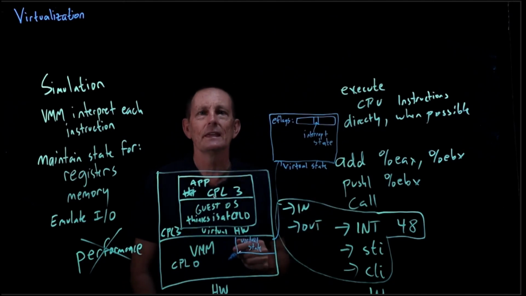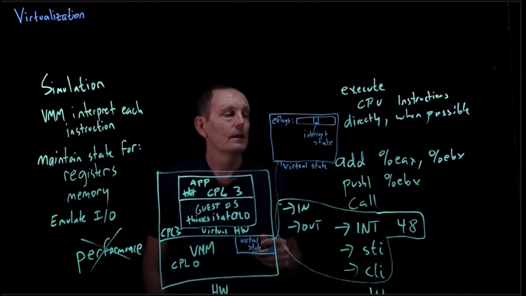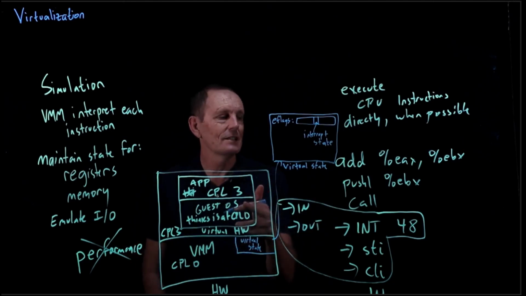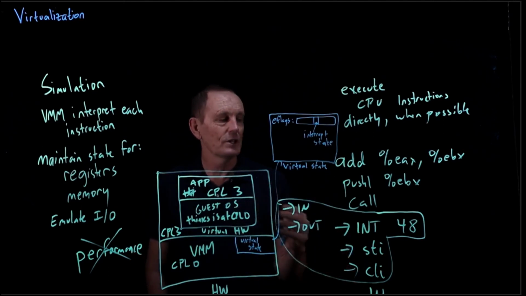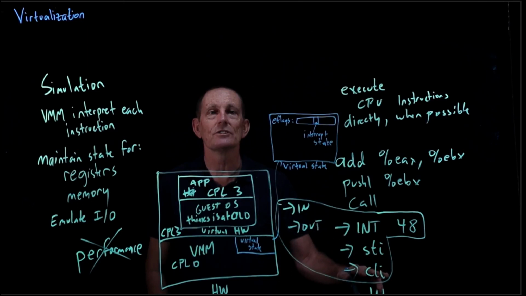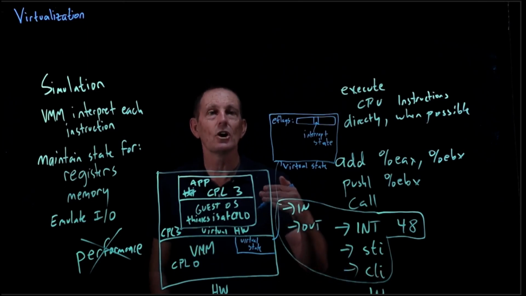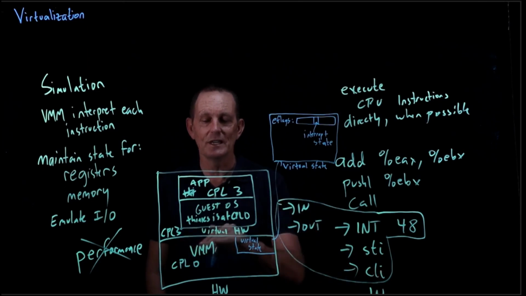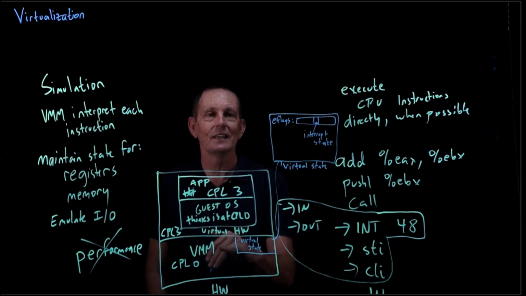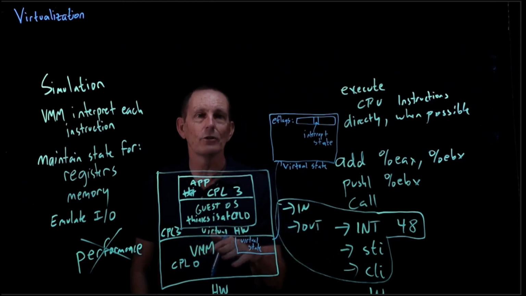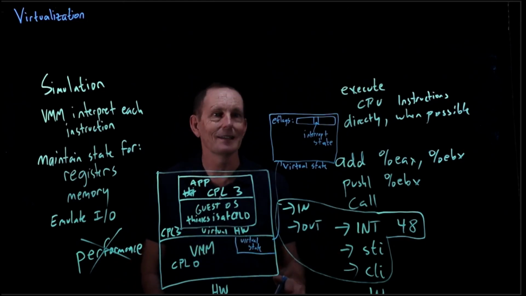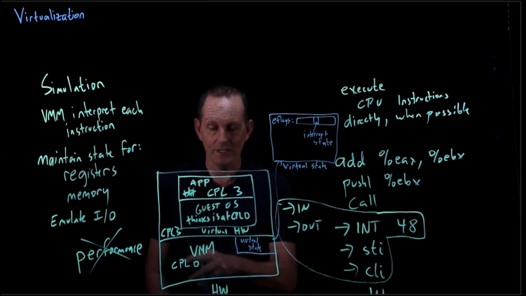So if the guest OS does, let's say, a clear interrupt, then what's going to happen? Clear interrupt is a privileged instruction. That's going to cause us to trap into CPL0, which is in the VMM. The VMM is going to look and say, oh, it's a CLI that's happening. Therefore, I'm not going to actually turn off interrupts in the real EFLAGS. I don't want my interrupts off. I need to still run.